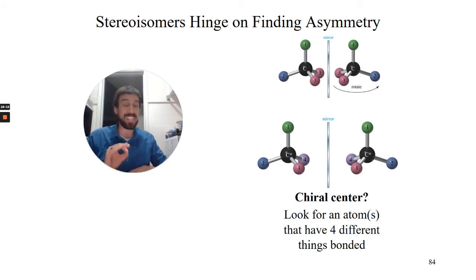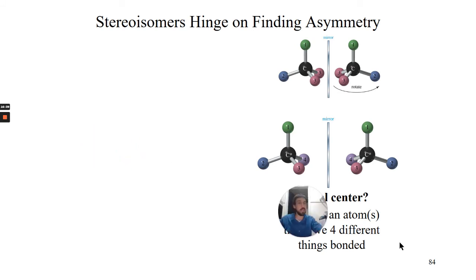But remember, at the same time, it's not just 4 different things. It has to be non-superimposable on the mirror image. There are plenty of cases where we have something that doesn't have 4 distinct things, but is still non-superimposable on the mirror image, like your hand. So you still have to remember the definition of chiral. This 4 different things is a cheat to get you through it a little bit faster and a little bit easier in most circumstances. Not all.